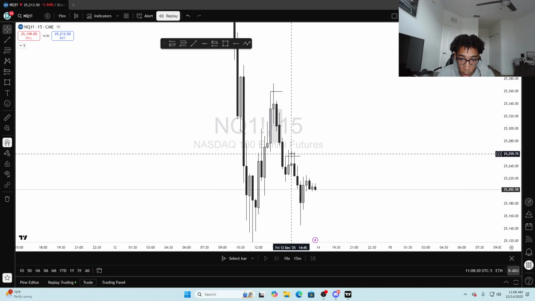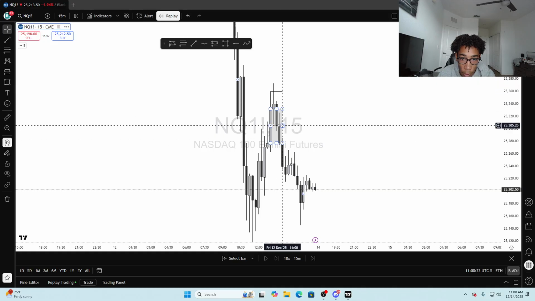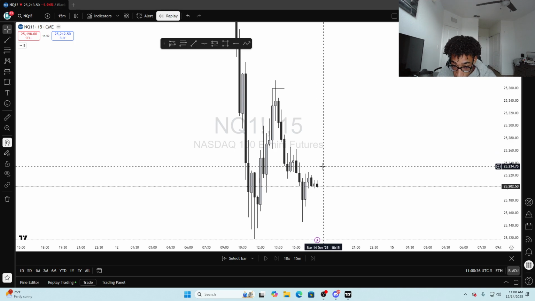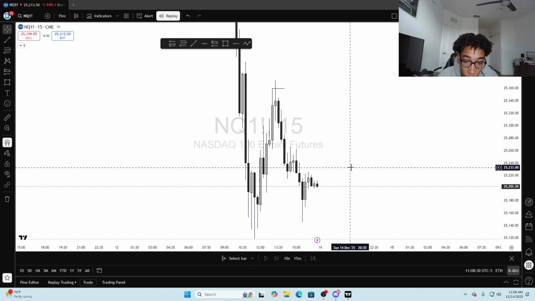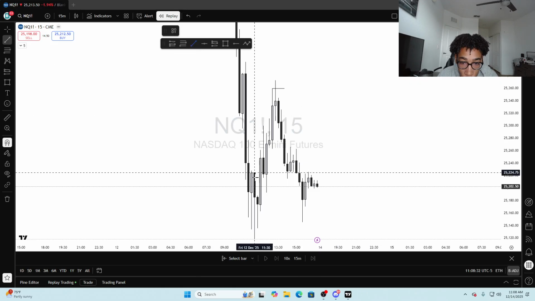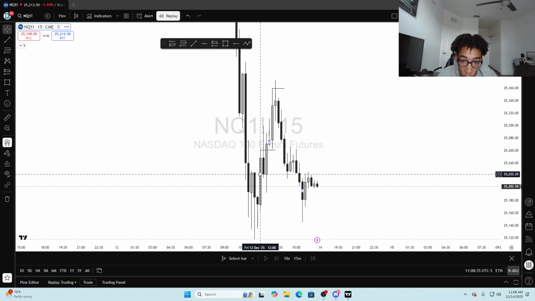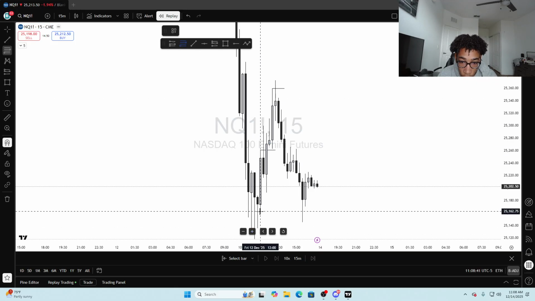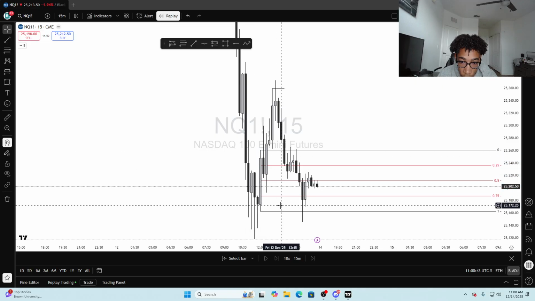Same thing. See if you can find another, either tap the low or get to at least equilibrium with that. So even with this one, this high, we come up, we reject lower, close inside the range, and we come down to at least 50% of this candle's range, right, which is down here.